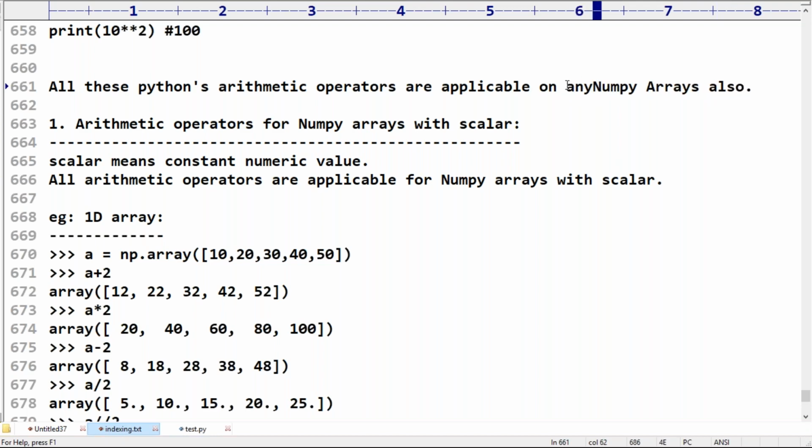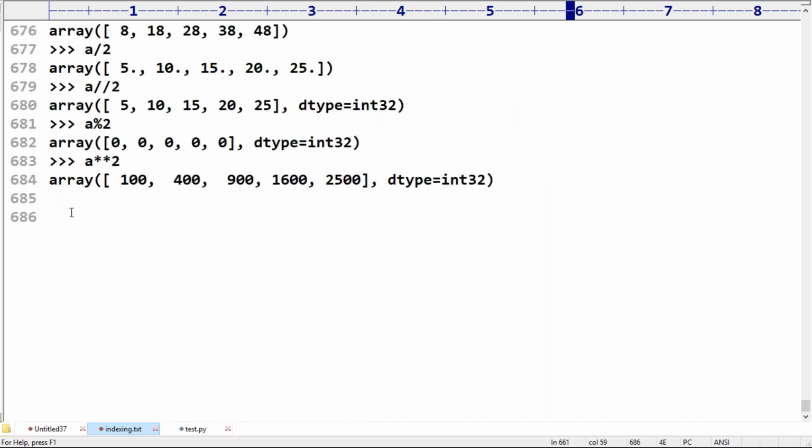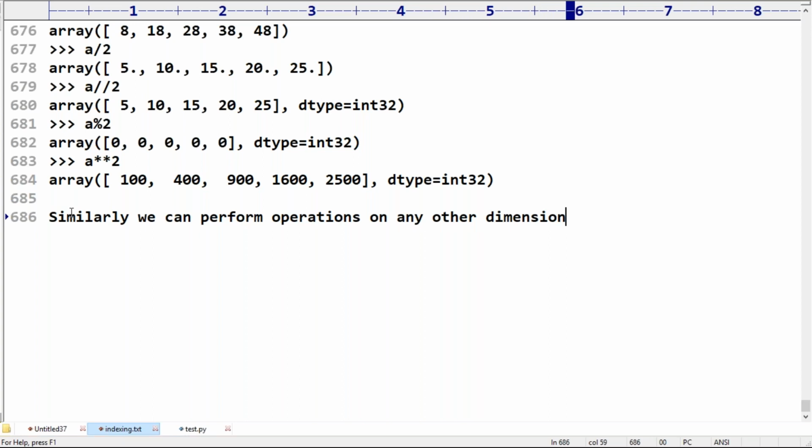Similarly, we can perform operations on a 2D array or any other dimension arrays.